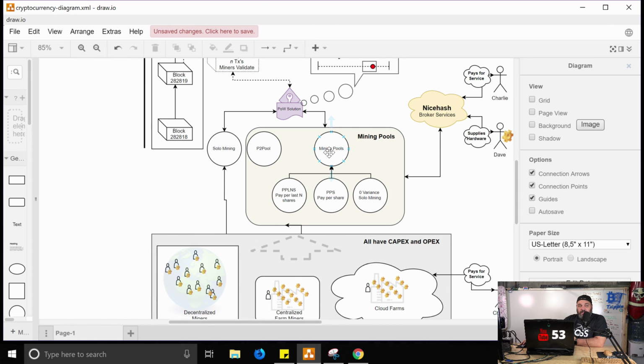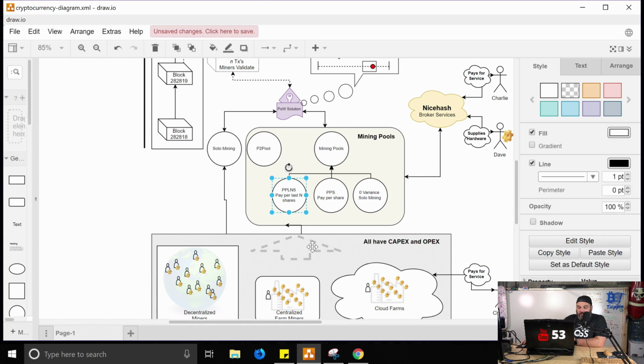You can calculate that back, your pay per share, and on the last round, we'll get into PPLNS, what that is, minus their fee, it's pretty much bang on with what you've submitted based on your hash power, and how many shares you submitted in that round versus how many were proportionally submitted. That's reported on the page.